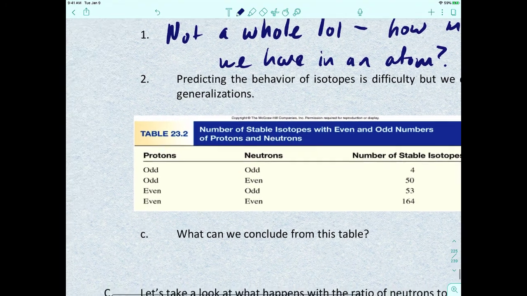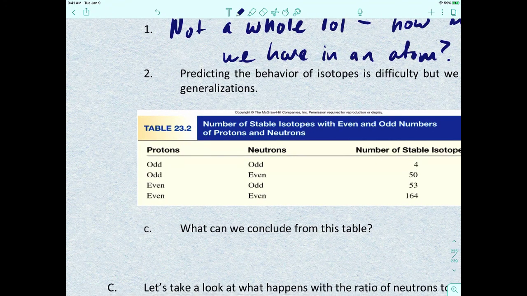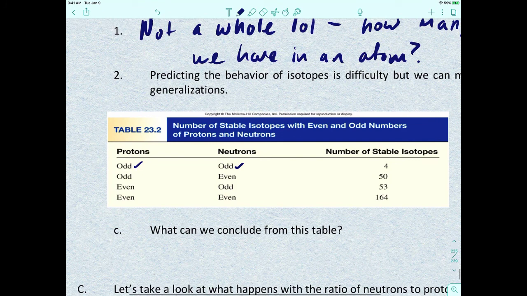So let's take a look at this table over yonder. In this table, let's say for an atom, you've got an odd number of protons and you've got an odd number of neutrons. Now, the number of stable isotopes having an odd number of protons and an odd number of neutrons is 4.